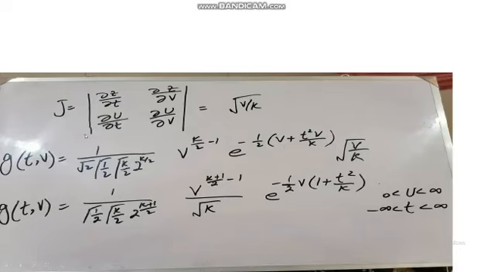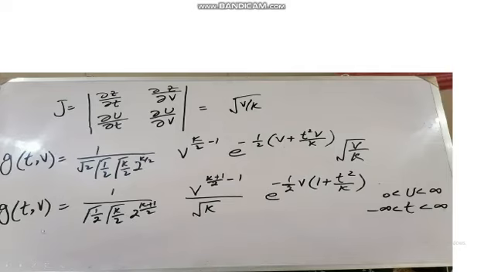By solving the Jacobian by its formula, we get the value square root of V over K. Now putting all the transformations into the joint density, we have the new joint density g(T,V). We convert U into V and Z into T, get this form, and then simplifying it, we have this particular joint density.